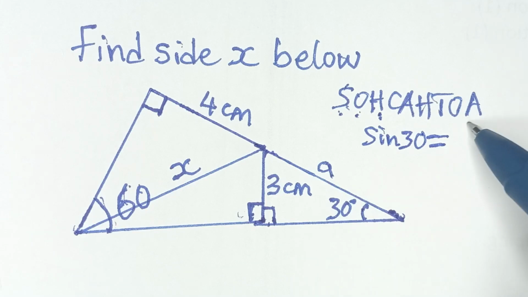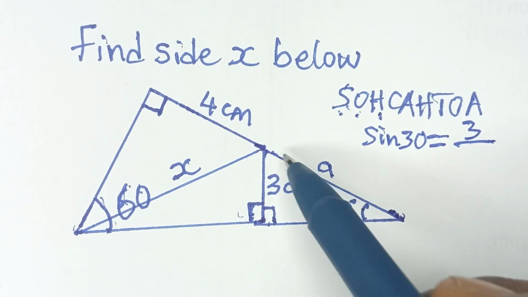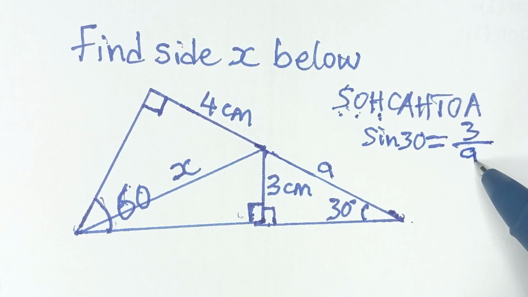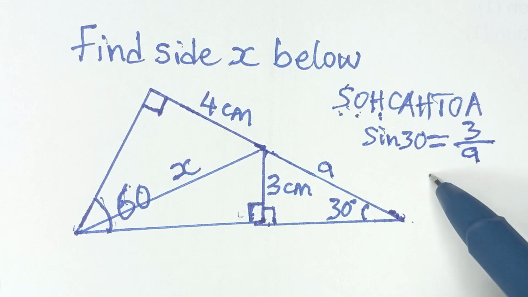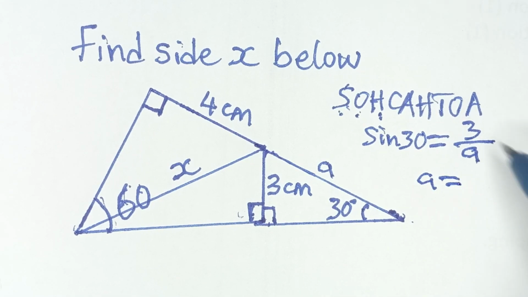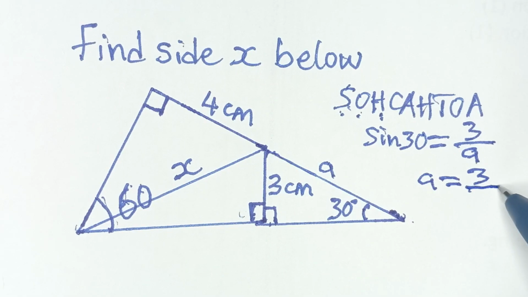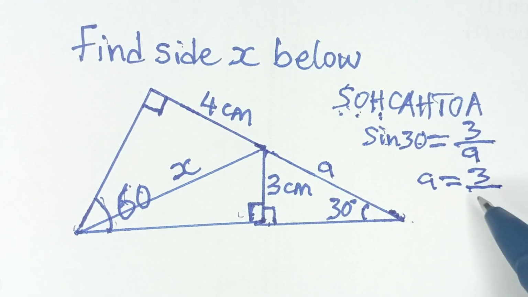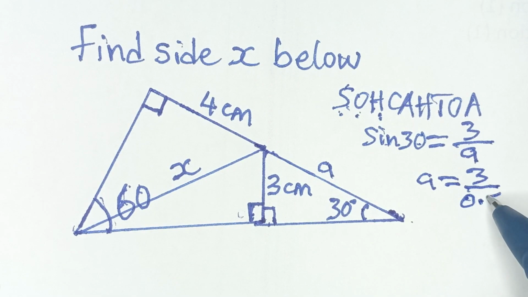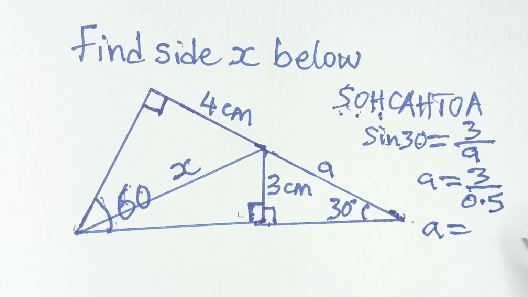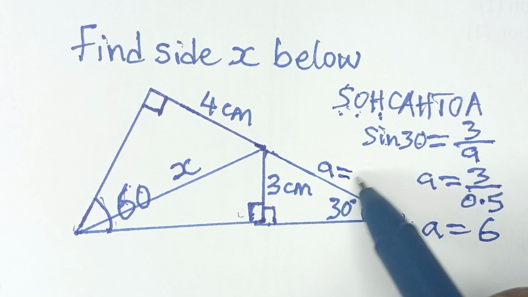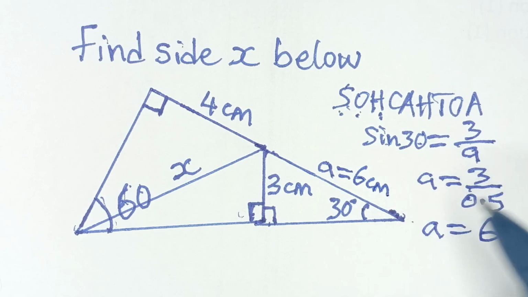The opposite side is 3, and the hypotenuse side is A. If we cross multiply, we get A equal to 3 divided by sine of 30, and sine 30 is 0.5. When we divide 3 by 0.5, that gives us A as 6. So I can simply write A is equal to 6 centimeters here.